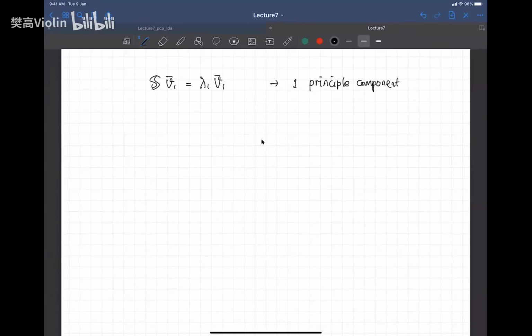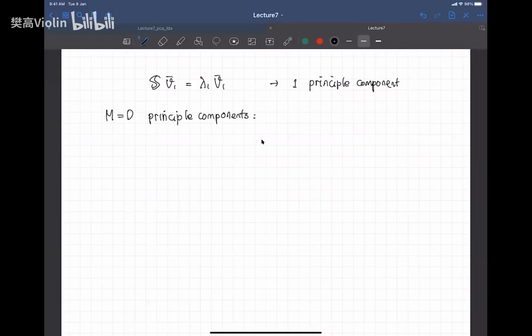So if we want to have m equal to d, because if we have m equal to d, then we can reduce this later on, right? So if we want to have d principal components, how can we do this?